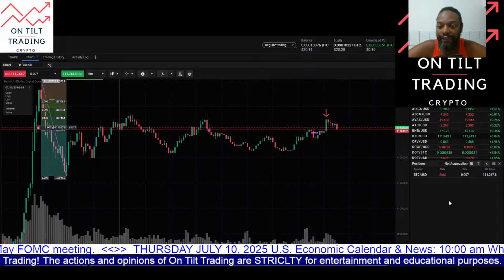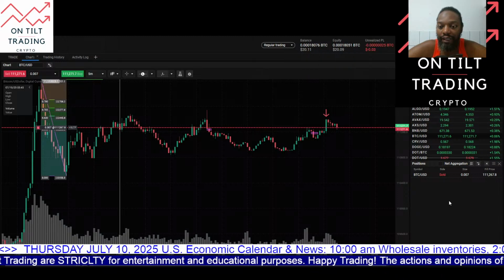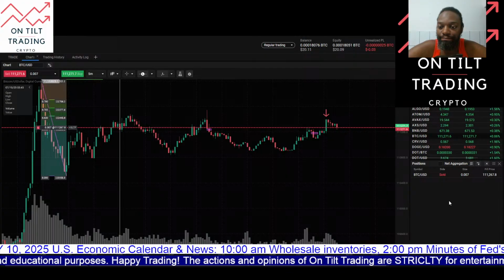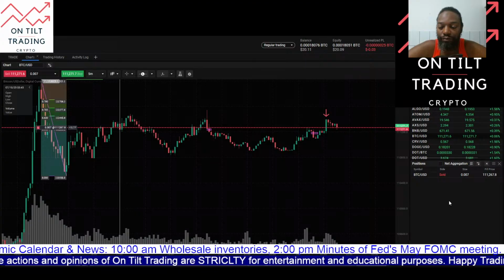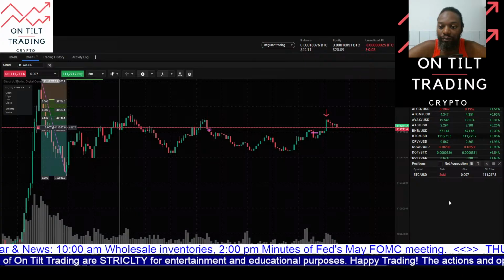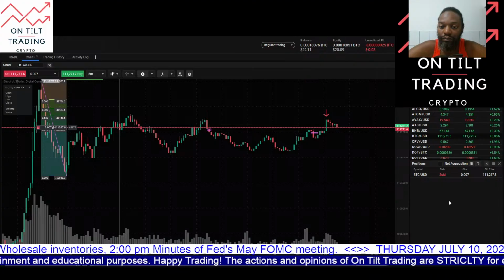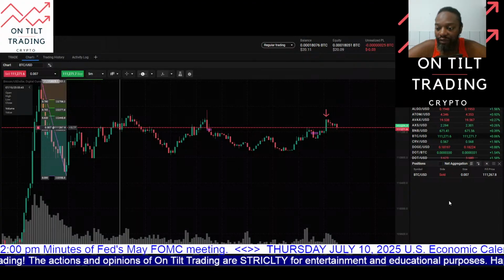Price consolidating here, and some buy side delivery. Overall sell side delivery in this 5-minute candle so far.